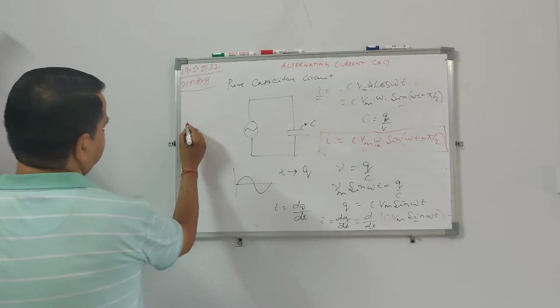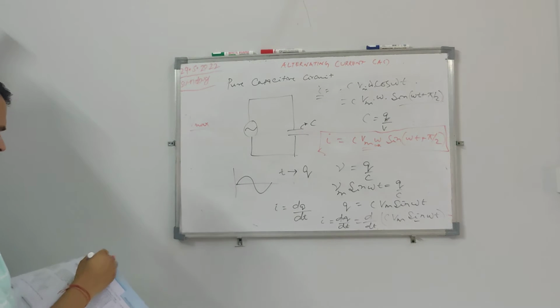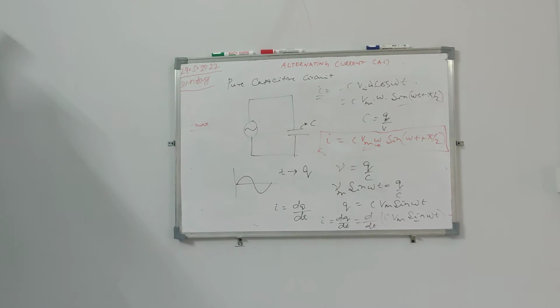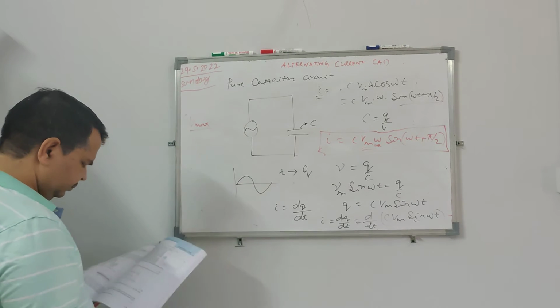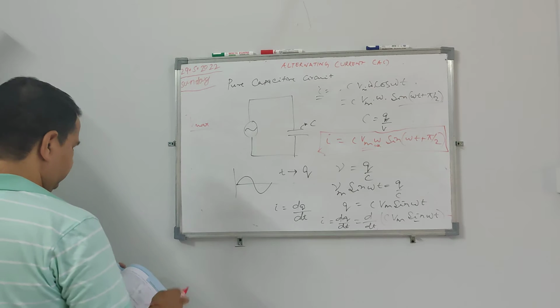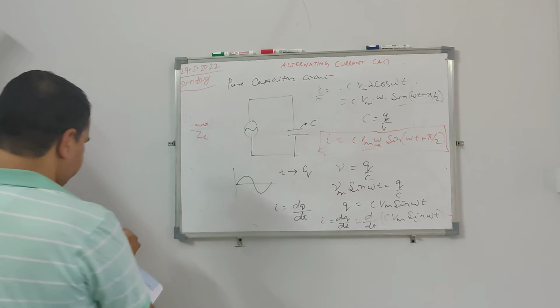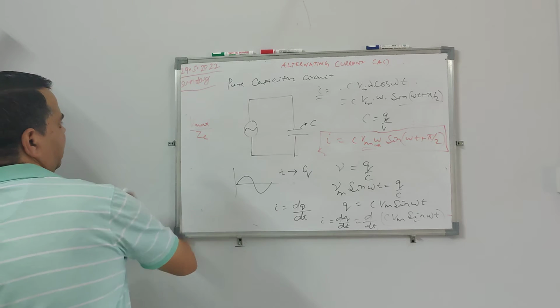Similarly, in this case Vmax divided by ZC, which is X. So Vmax divided by ZC is nothing but your Imax.